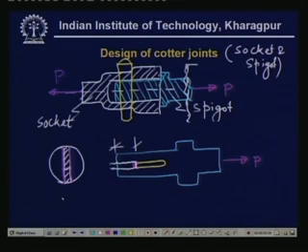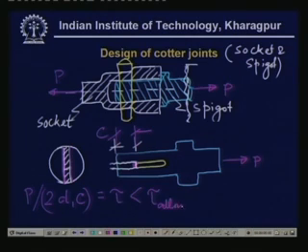The surface is d1 times this distance. If you call this distance c, then d1 times c is the surface on which the shear stress develops, and this is twice that because there are two surfaces, and this is the total area. So, P divided by that will give you the shear stress, and that must be less than tau allowable. If that is not satisfied, then this entire part will be sheared away, and we have to resist that. So, from these equations we can determine this value of c.